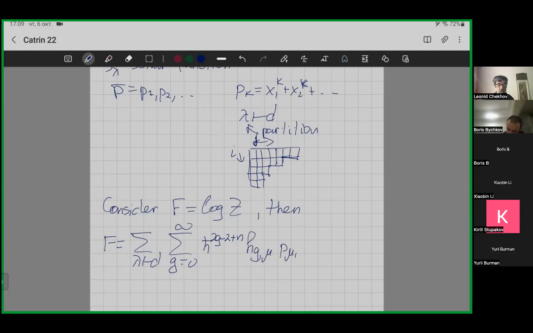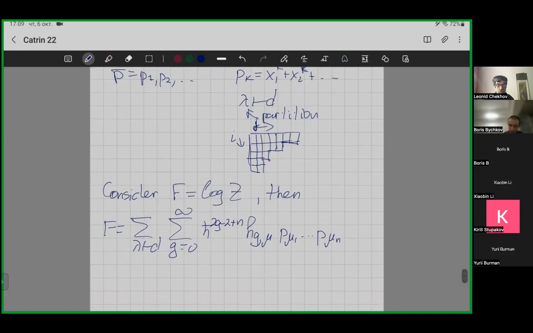It's representation theory of the symmetric group that allows us to present this F series.